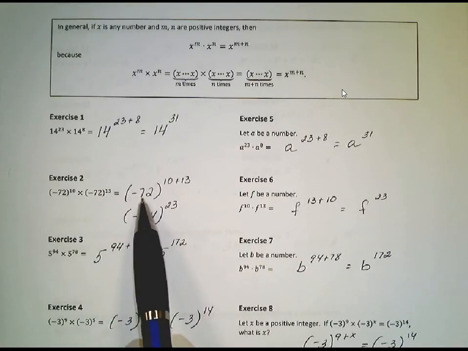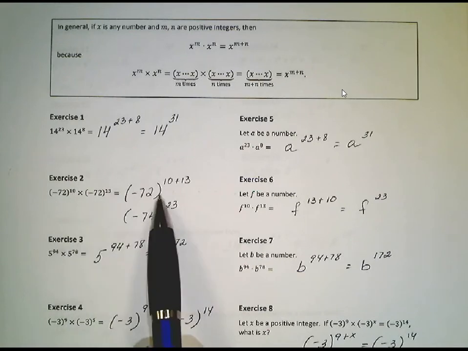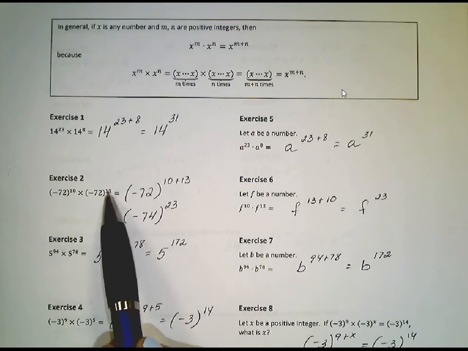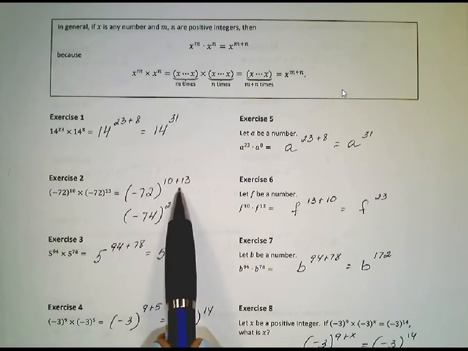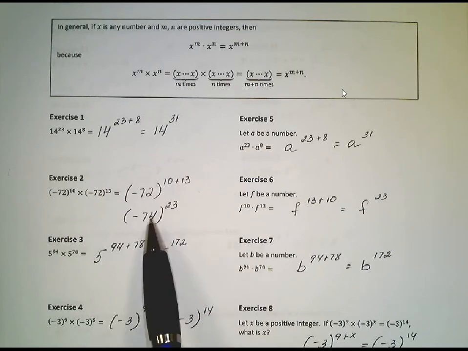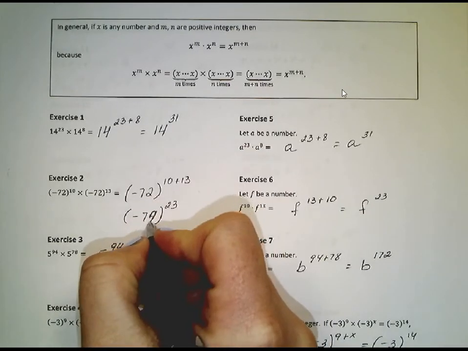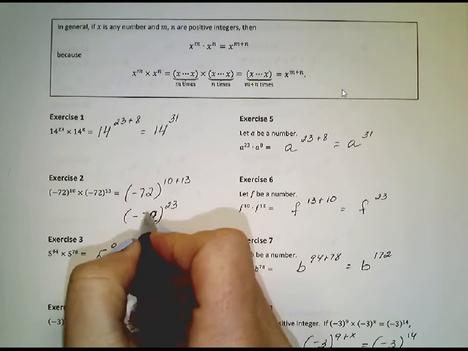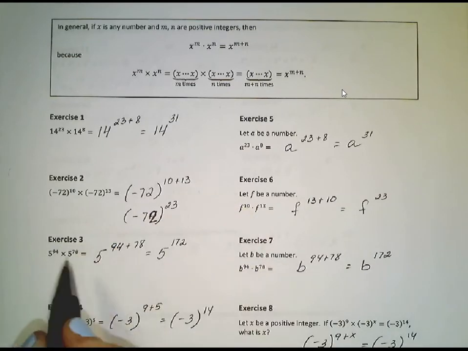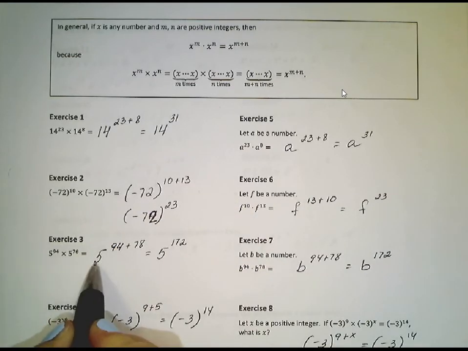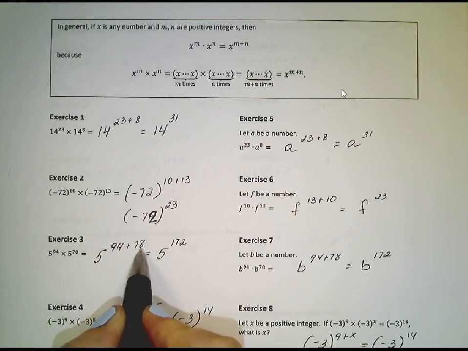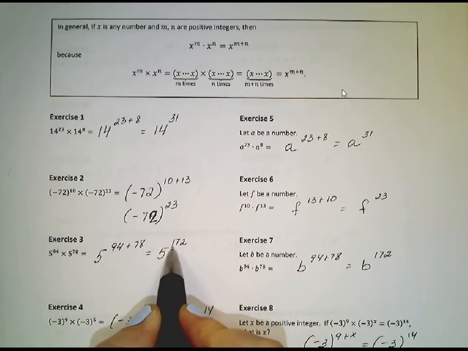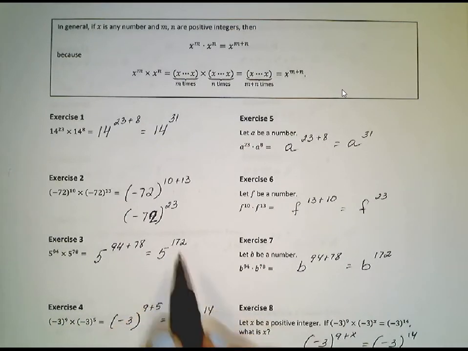Negative 72 to the power of 10 multiplied by negative 72 to the power of 13. You're adding the exponents, and that is negative 72 to the power of 23. Next one, number 3, 5 to the power of 94 plus 78 is 5 to the power of 172.